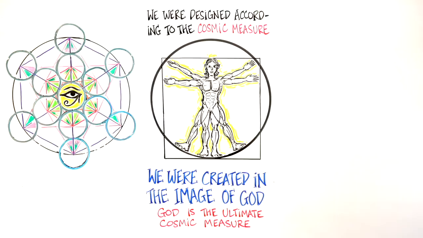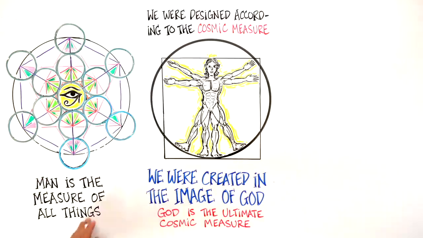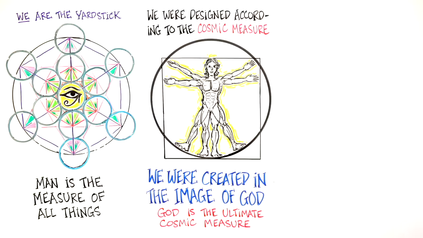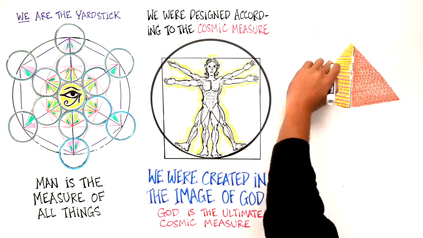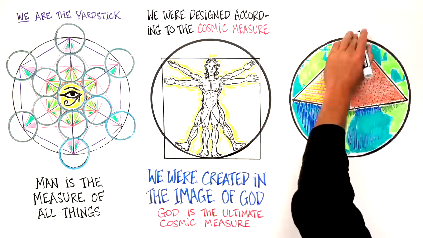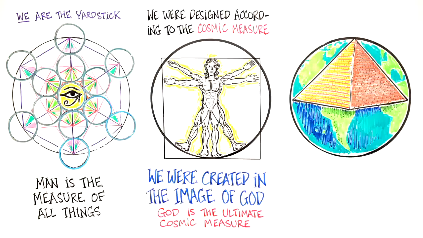So when Protagoras said man is the measure of all things, what he was implying is that we are the ultimate yardstick for the cosmos. In fact, when one looks at the scale of phenomena, from the human up to the largest macro scale we know of, and from the human down to the smallest micro scale we know of, where are we within that hierarchy? Right smack in the middle. There's as much above us as there is below us, as much greater than us as there is lesser than us.